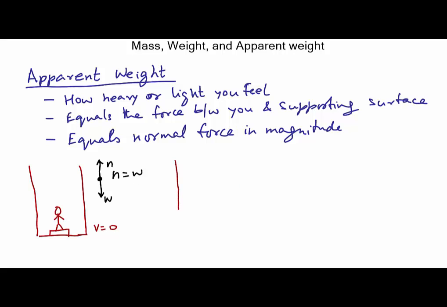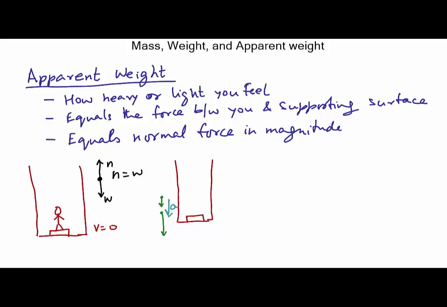If I take the same situation, and let's say this elevator car now starts to accelerate downward. You press the button and it's starting to move down, and so its velocity vectors will look like this. A small number to begin with, and a larger number a little bit later. So now my acceleration points down.